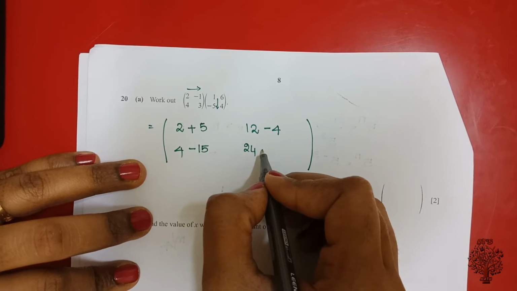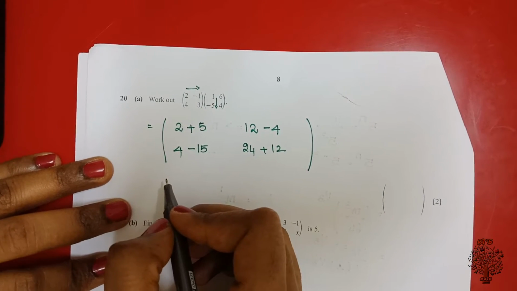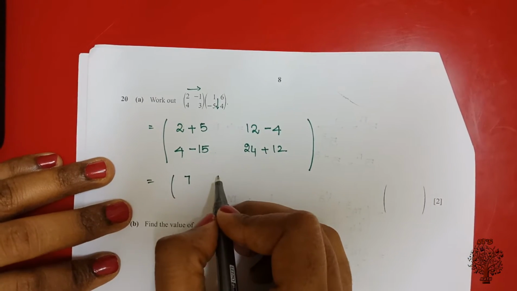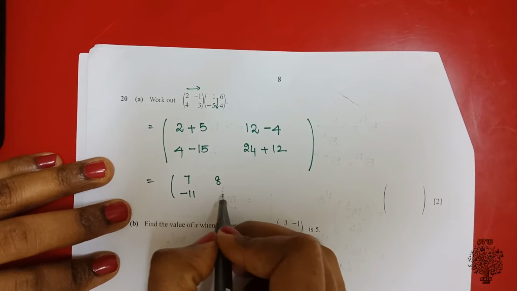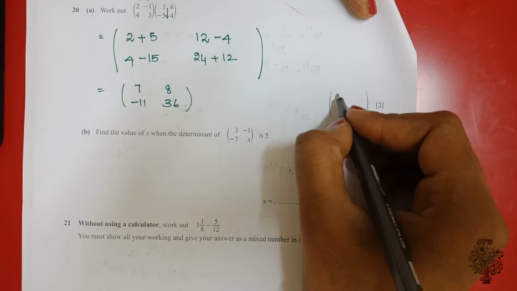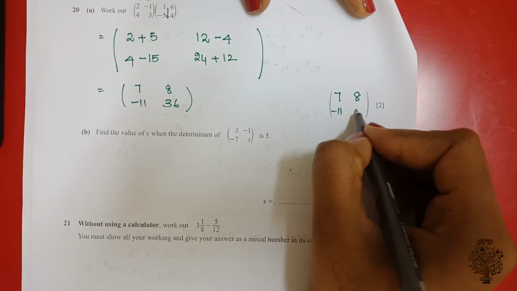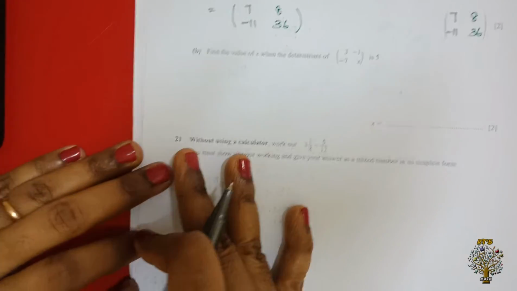And 3 multiplied with 4 is positive 12. So here we have 7, and this will give you 8, this will give you negative 11, and this will give you 36. Your answer is 7, 8, negative 11, 36. Fine. You can do it with your calculator also.